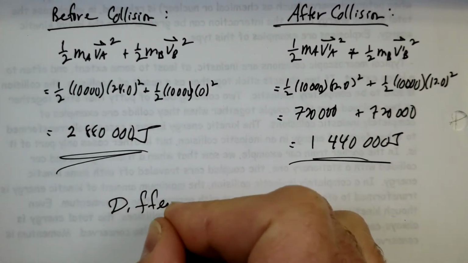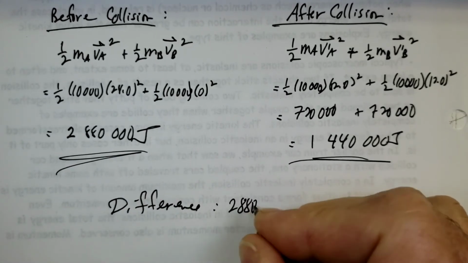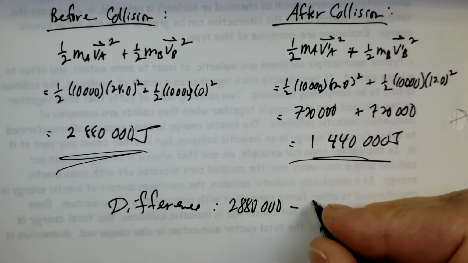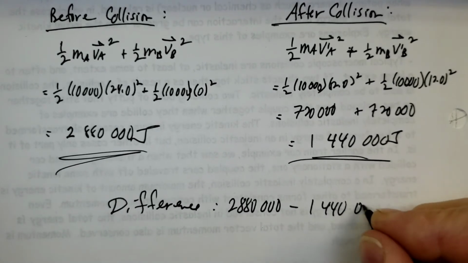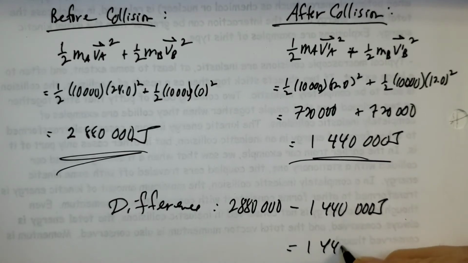If we compare these, we see that there is a loss. The difference: total energy we had at the start, 2,880,000, subtract my final kinetic energy, which is 1,440,000.